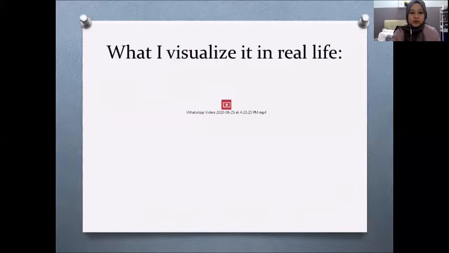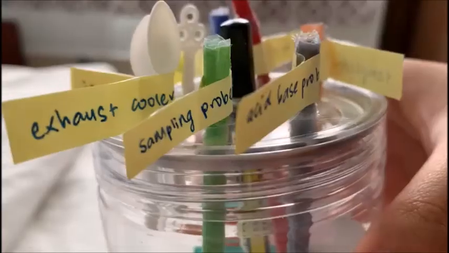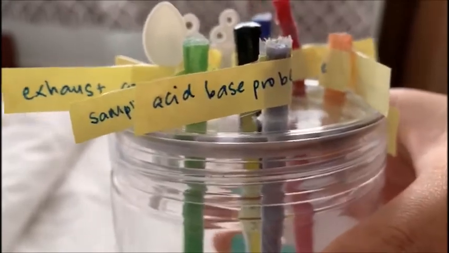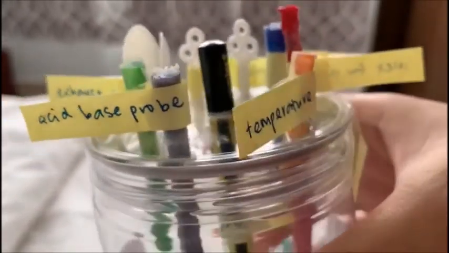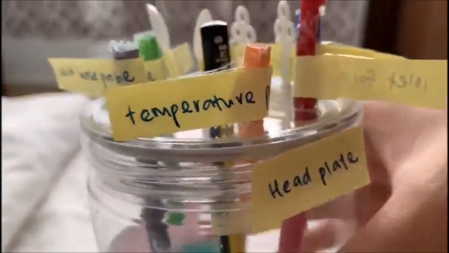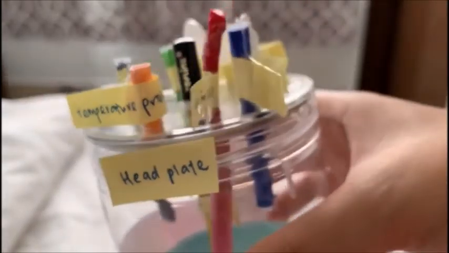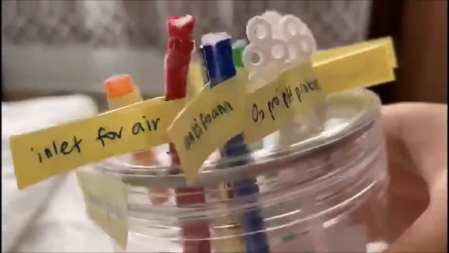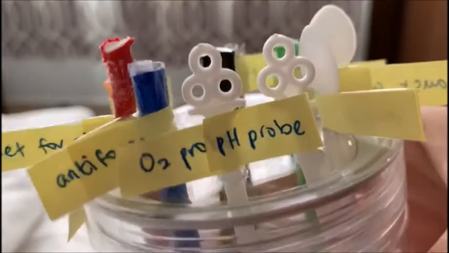So here is what I visualize in real life. We have exhaust cooler, sampling probe, acid base probe, temperature probe. There is a head plate on top of it. Inlet for air, antifoam, O2 probe, pH probe, and in the middle is the stirrer shaft seal to hold the shaft.